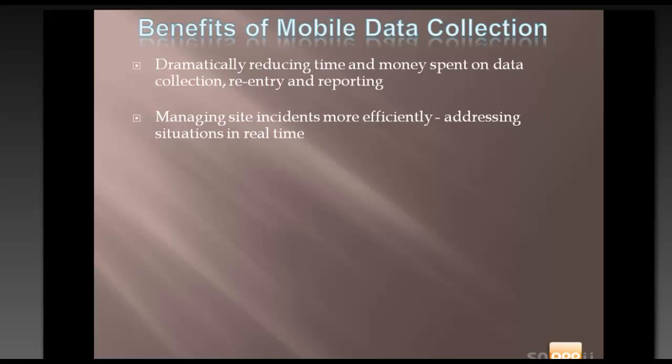Another example of mobile data collection is where a company can respond to incidents more quickly, right? So, for example, you're in a utilities company, and for utilities companies, time is money, right? The shorter the duration of an outage, the less it costs them, and oftentimes the outages can be measured in millions of dollars.